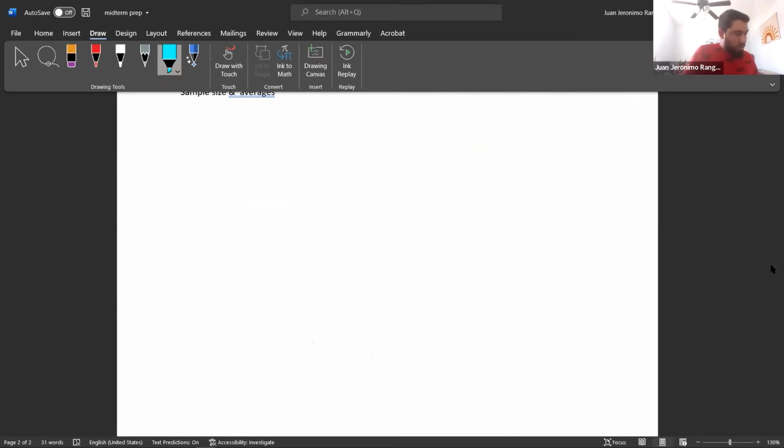Okay, the next part, if you guys are using your lab manual on chapter 1, page 26, there's a description of accuracy and precision. So remember, accuracy is how close you get to the actual or true value.